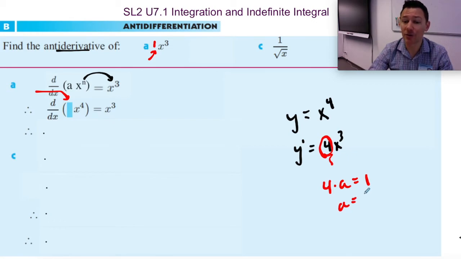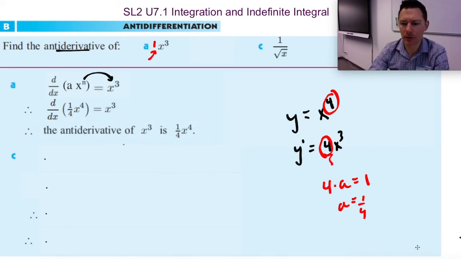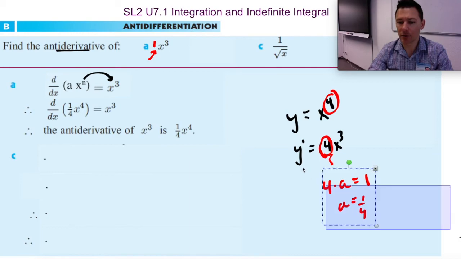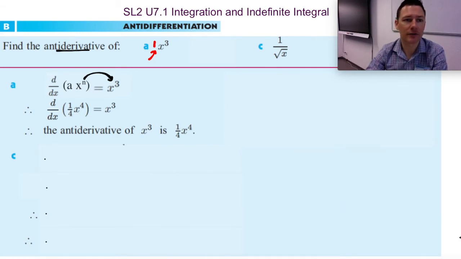A is going to have to be the reciprocal of that exponent, right? So 1/4. If you're not sure about that, you can think about just doing this. Let's start with y equals 1/4 x to the 4th, and we're trying to take the derivative of it.